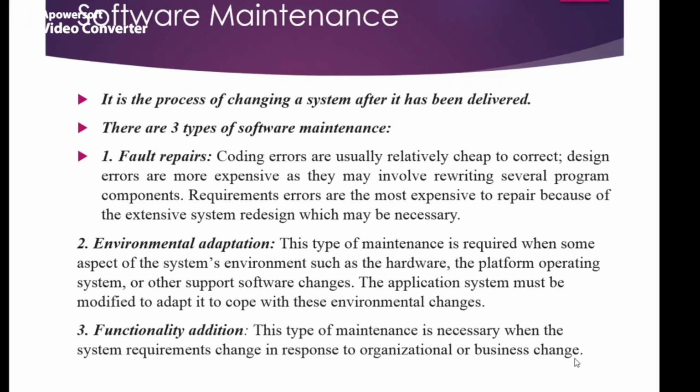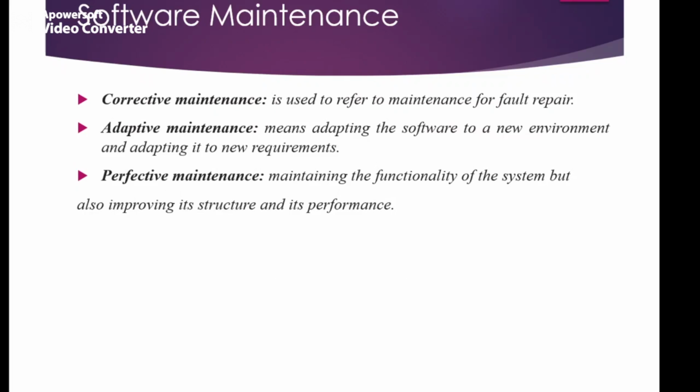As I've told, there is business change in the market, so new functionality needs to be added to your system in order to satisfy the business and the users. So you can add new functionalities to your system. These are the three types of software maintenance.